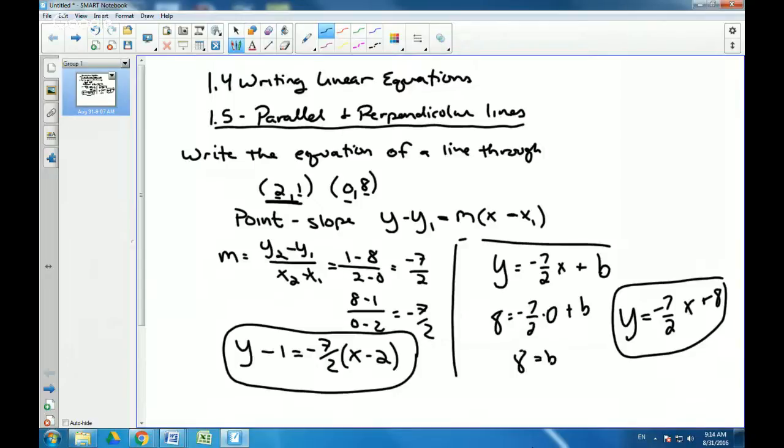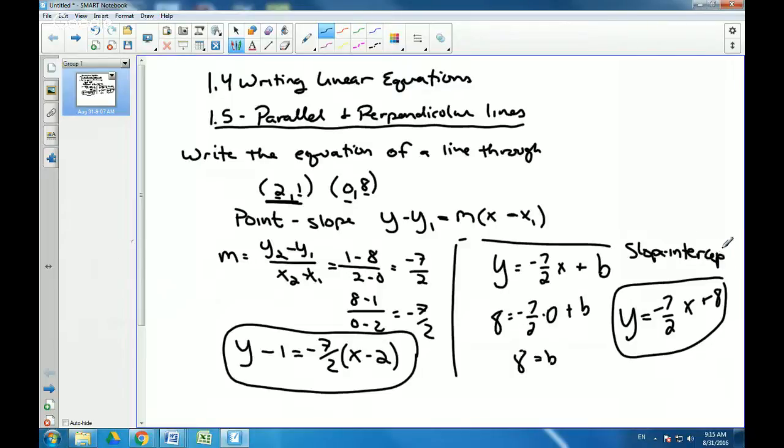What do we know about the slope of lines that are parallel? Same slope. Correct. Perpendicular? Negative reciprocal. This is the difficult one.